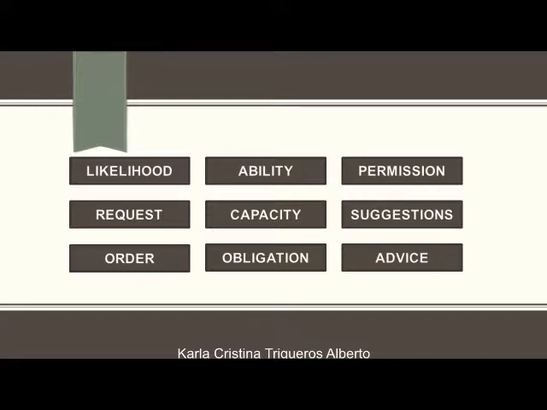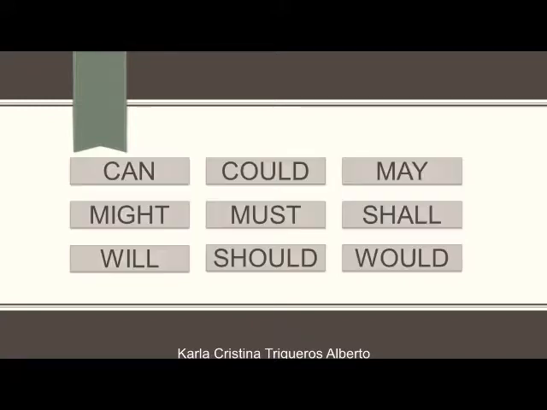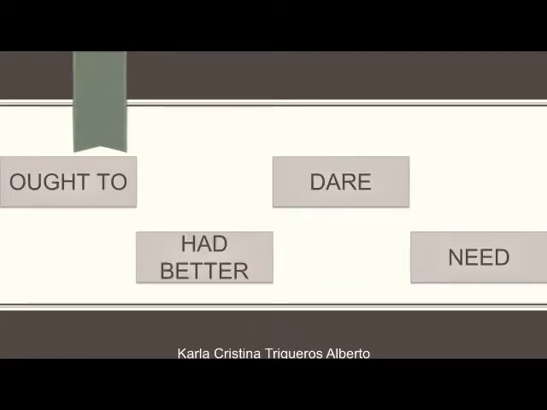The principal English modal verbs are can, could, may, might, must, shall, should, will, and would. Certain other verbs are sometimes but not always classified as modals. These include ought to, had better, and in certain uses, dare and need.